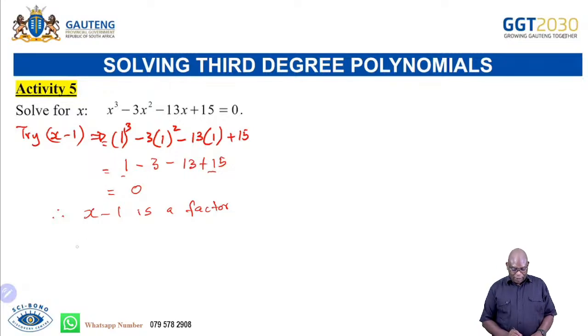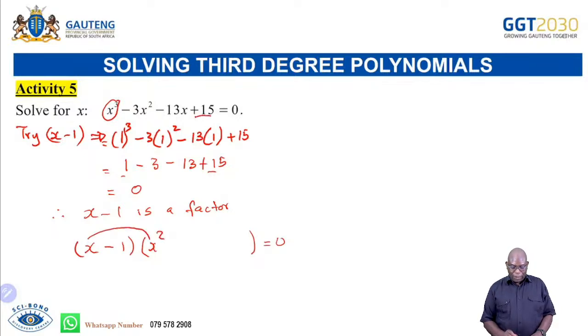In this case, I'm first going to do it by inspection. So I know that this one is one factor. Now, how am I going to get the other factors? Listen very carefully. For me to get x cubed, I need to multiply the x here by x squared.